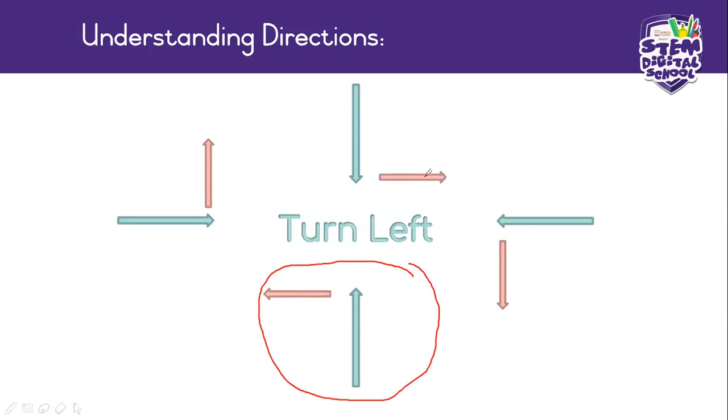Then left is going to be your right hand. Okay, so do you guys understand how left can change all the time? And that is why we get confused. Facing this way, left is up. Facing this way, left is down. Facing down, left is this way. And facing up, left will be the same as your left.